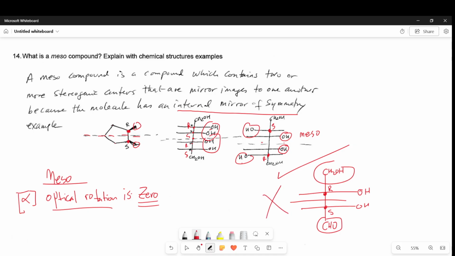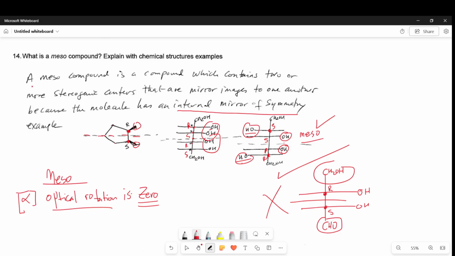So make sure that it's not only the stereogenic centers that are mirror images, but the groups themselves should also be mirror images to one another. So OH is reflected right onto OH. This OH is reflected to this OH. And the mirror is passing through that. And if this is R, this is S. Let's say if this is S and it should be R, then this satisfies to be a meso compound.